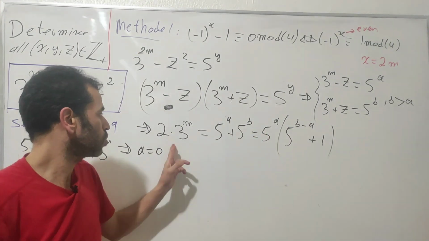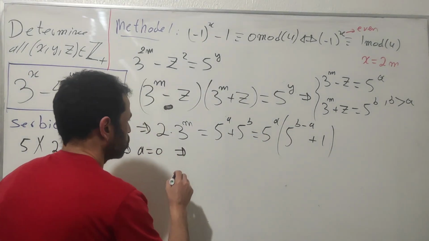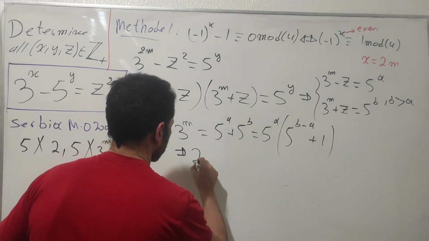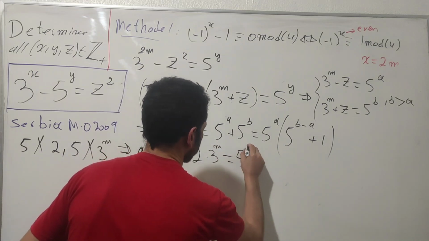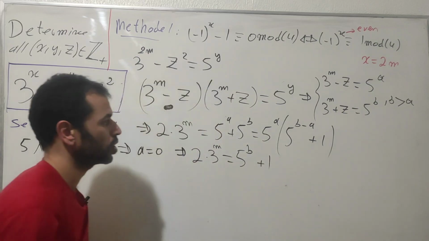I'm going to simplify this equation more: 2 multiplied by 3 to the m equals 5 to the b plus 1, because a was 0.